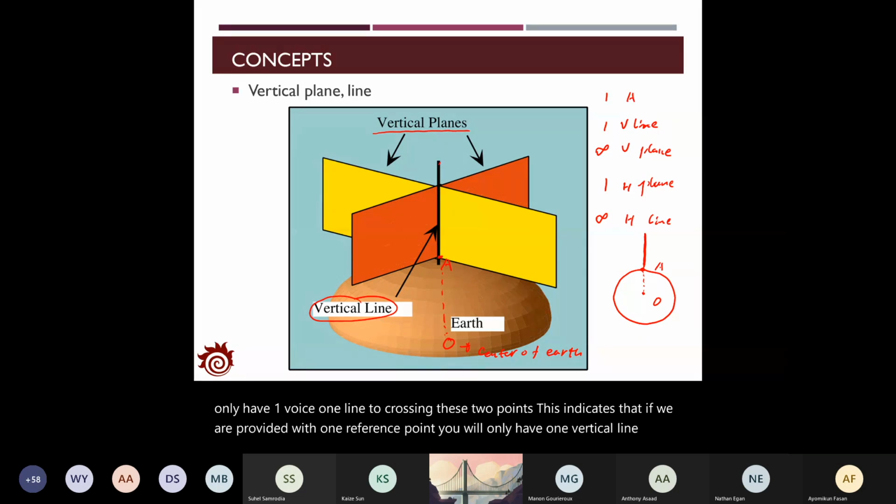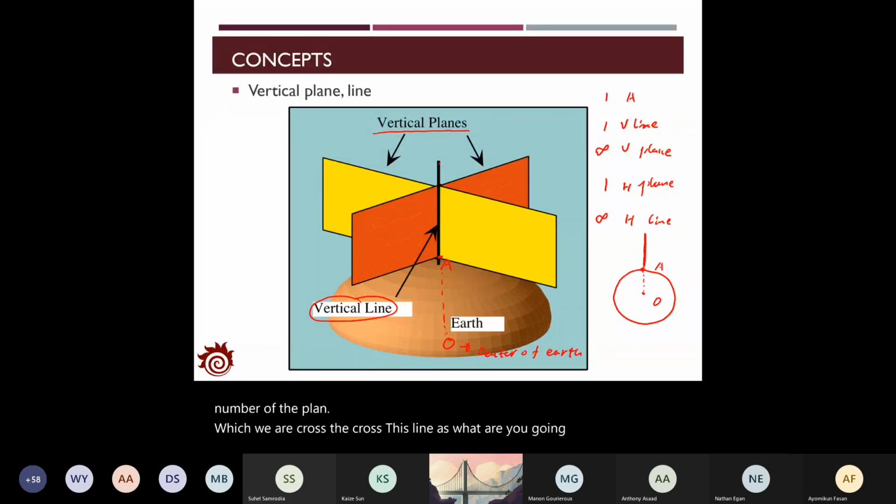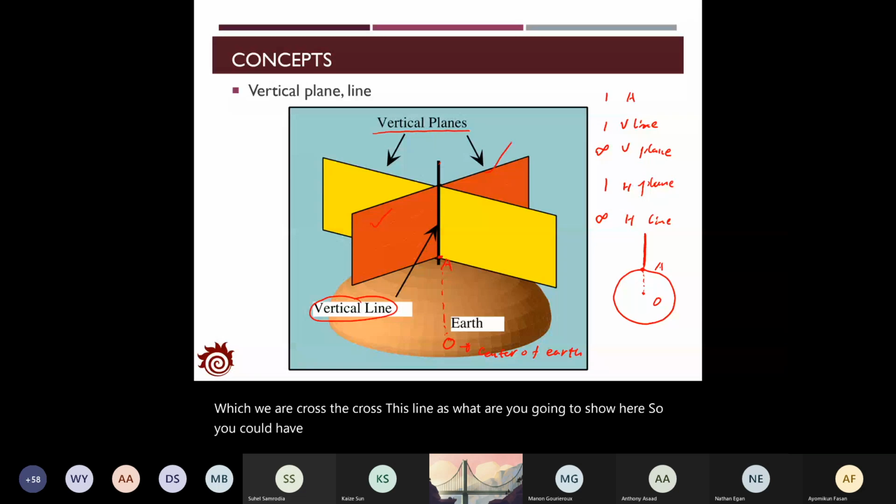And if we look at some fundamental knowledge of geometry, given 1 line, you can draw an infinite number of planes which will cross this line, as shown here. So you could have this orange plane, yellow plane, and you can also have other planes crossing this vertical line, so you can draw an infinite number of planes.